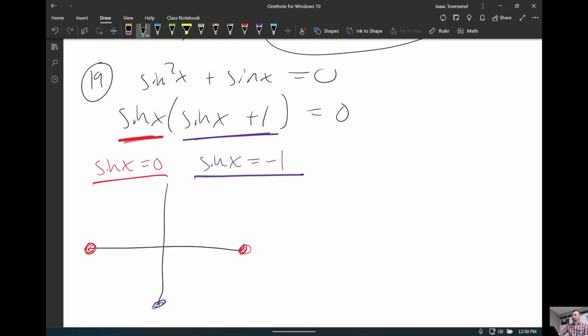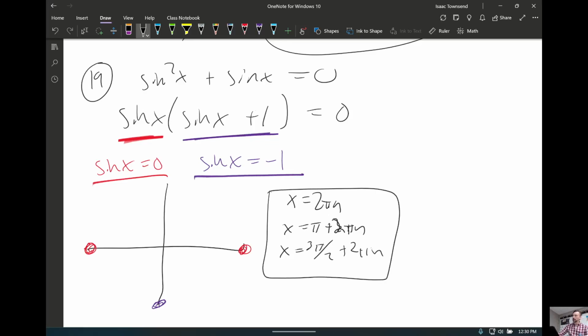So the long form of the answer would be to say 0 plus 2 pi n, pi plus 2 pi n, and 3 pi over 2 plus 2 pi n. And the short form, you could condense these two red ones because they're both spaced out by pi. You could say pi n, and then this one is not equally spaced with the rest, so he would need his own statement.